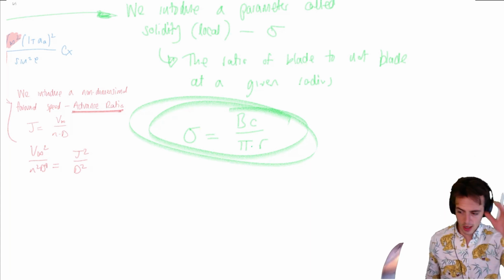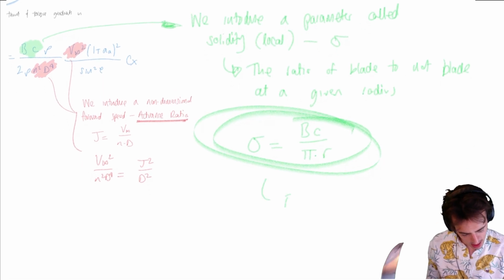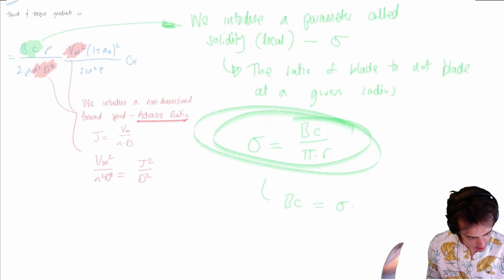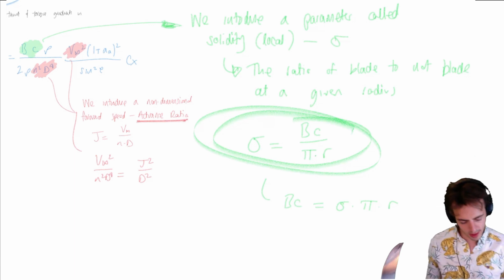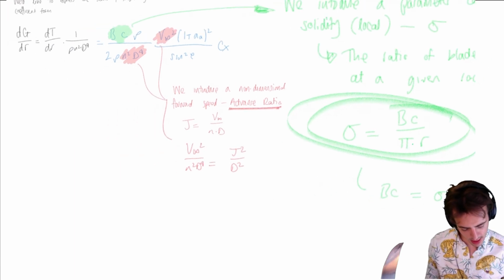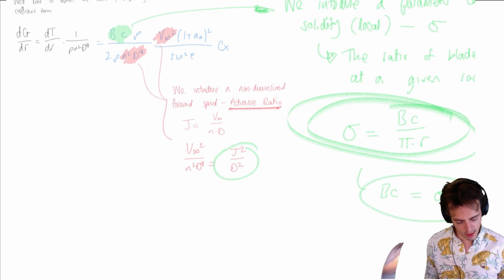Okay, so this is our local solidity here. So we can see that accordingly, BC is equal to our solidity multiplied by pi multiplied by r. So I can take these two things, I can take this here and substitute them into our expression.